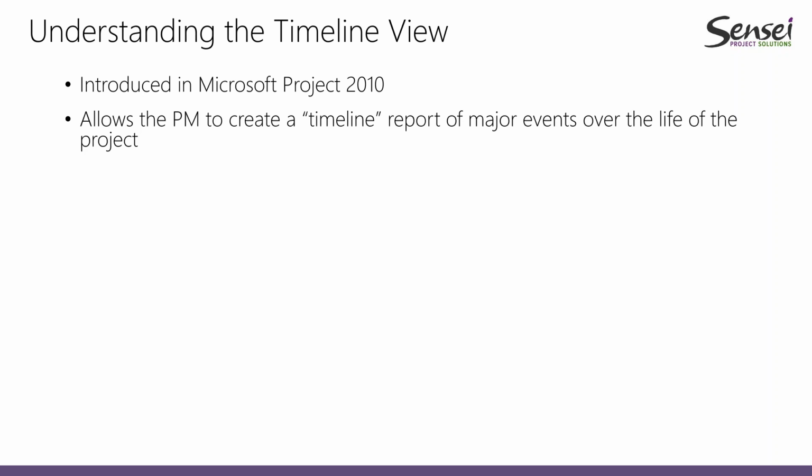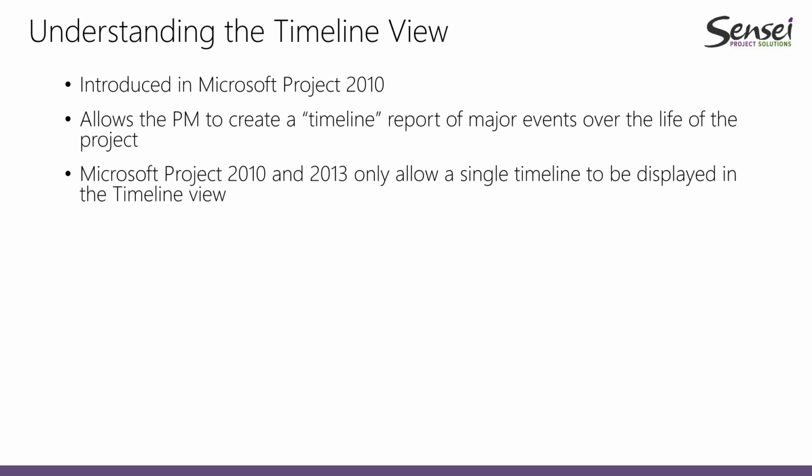It provides a visual report for us to share with our stakeholders, our team members, and whoever is working on the project with us. We can put all of the relevant information in a timeline, and then share it with the main people involved in the project.